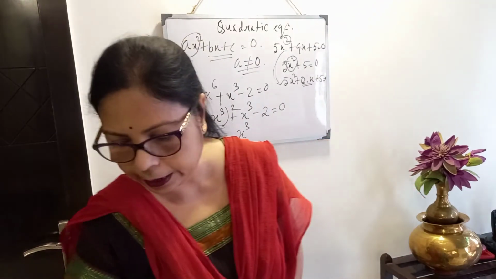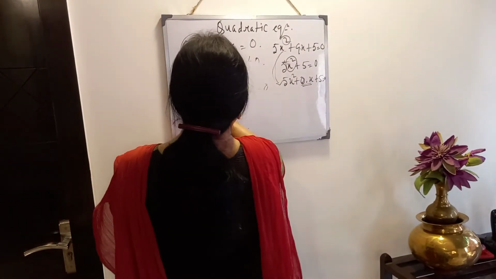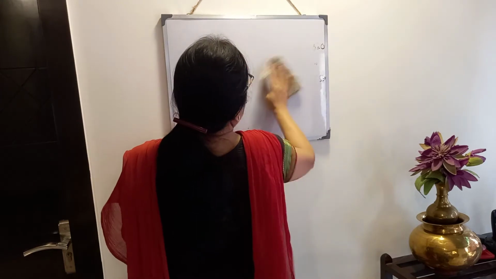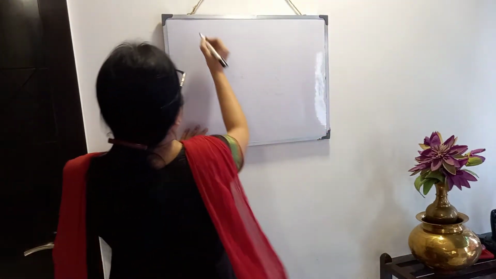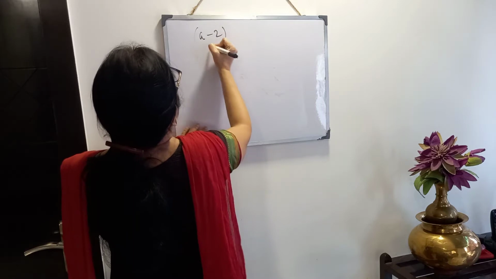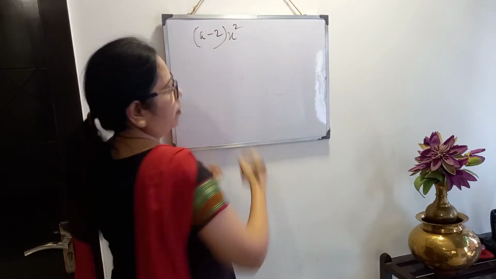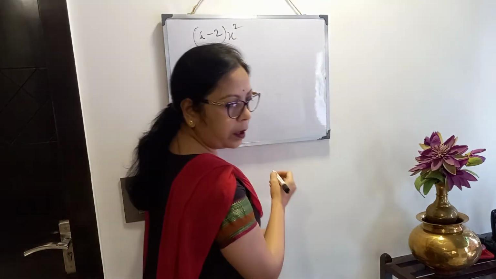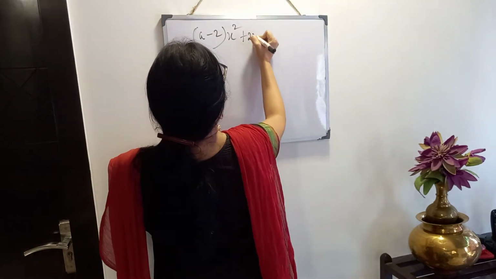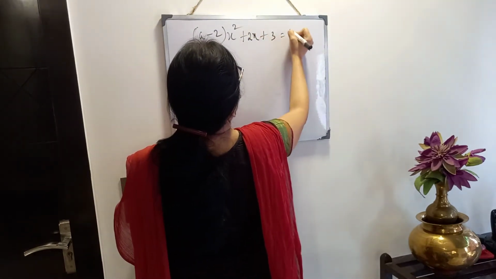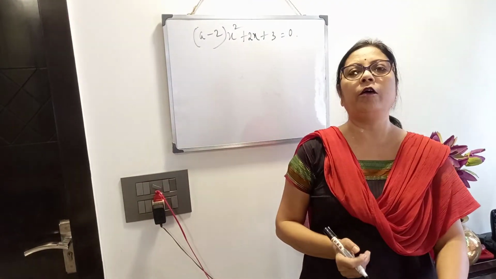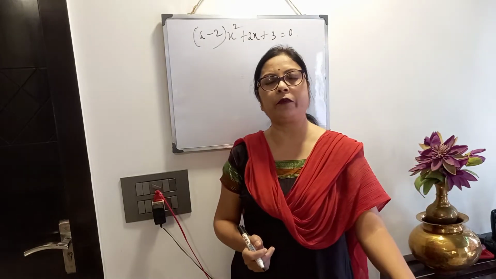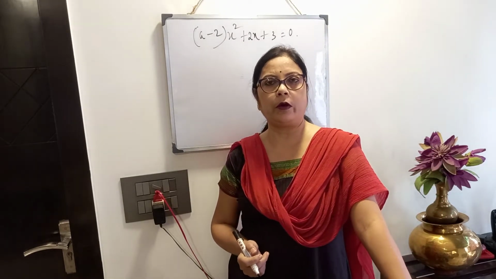Clear? Now next type you see, I am writing this one: a minus 2 x square plus 2x plus 3 equal to 0. Now the question is that for what value of a this will not be a quadratic equation.